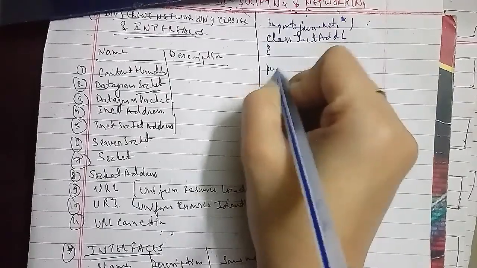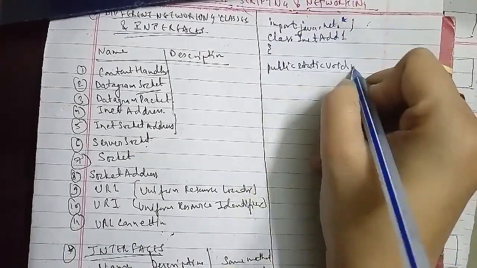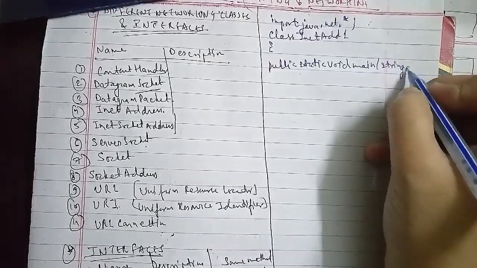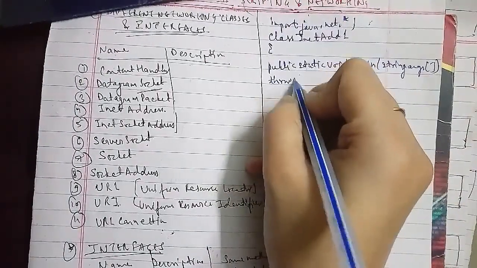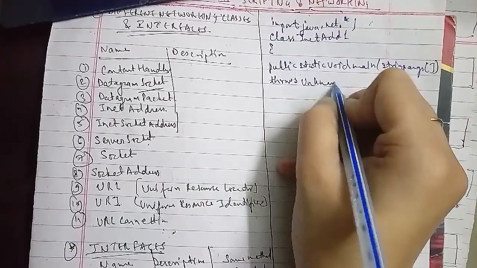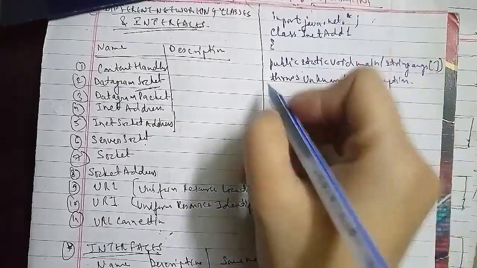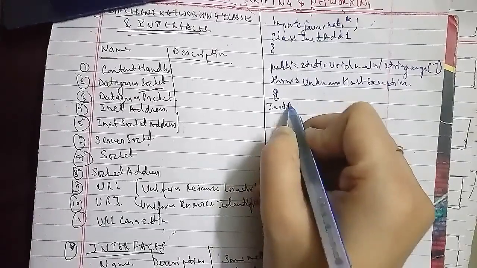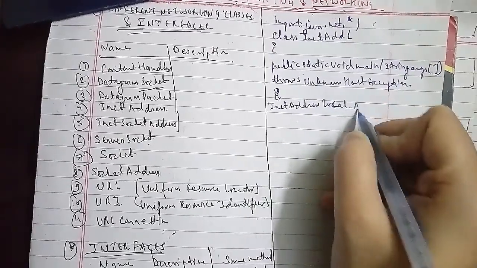then start with another curly bracket, then InetAddress localAdd equals InetAddress dot getLocalHost, then we'll print System.out.println, "local host is" plus localAdd.